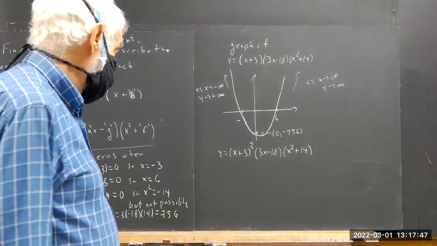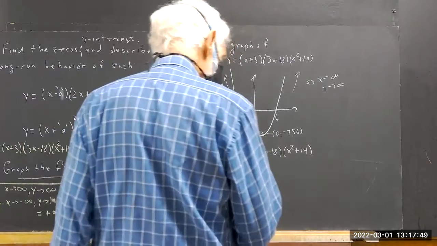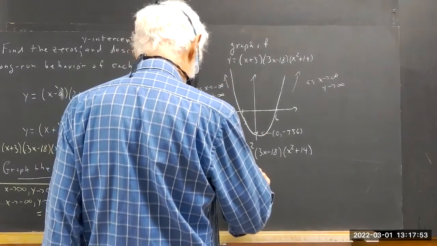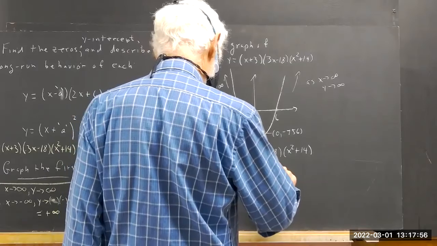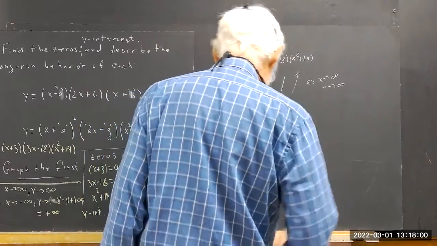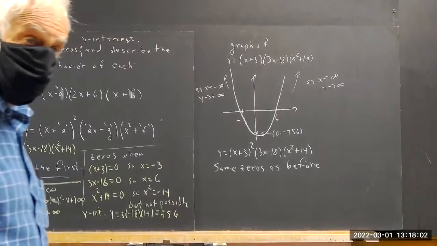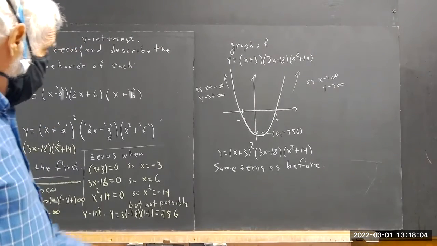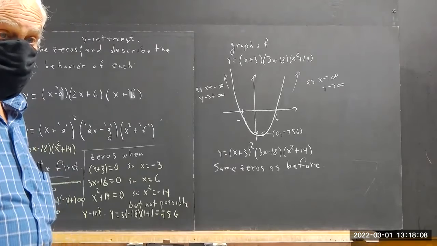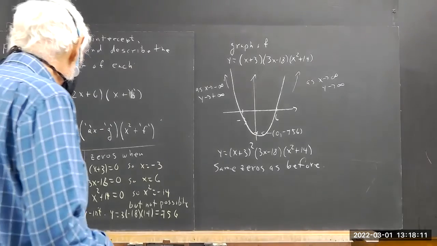So what changes? They're the same zeros as before, right? Because x plus 3 squared is 0 and x equals negative 3. And only when x equals negative 3.